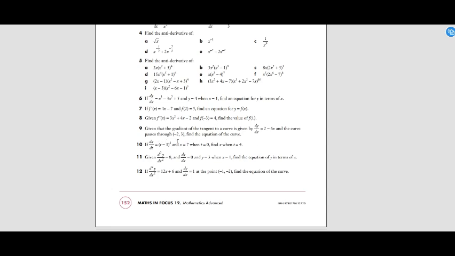Let's go to the 9th question. The 9th question says, given the gradient of the tangent to a curve is given by dy by dx equals 2 minus 6x. Remember, gradient of a tangent means what? That's a derivative. So all they're saying is the derivative of y, dy by dx, equals 2 minus 6x. The curve passes through minus 2 and 3.